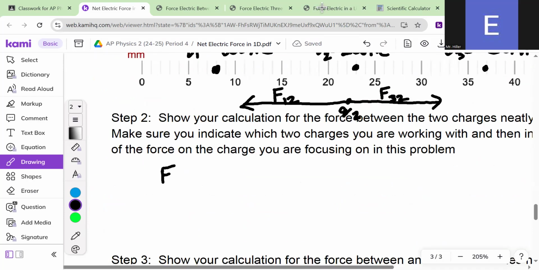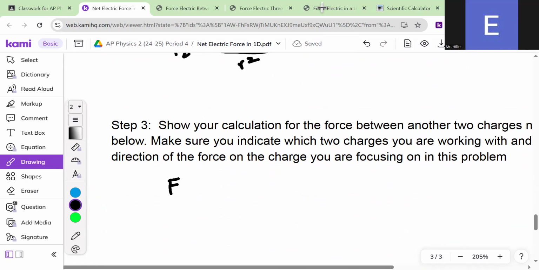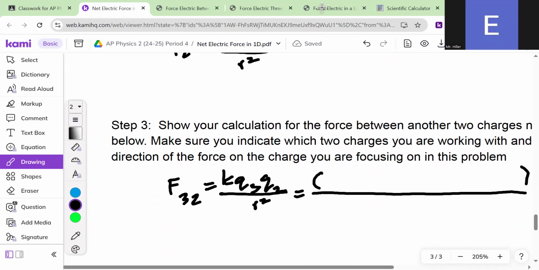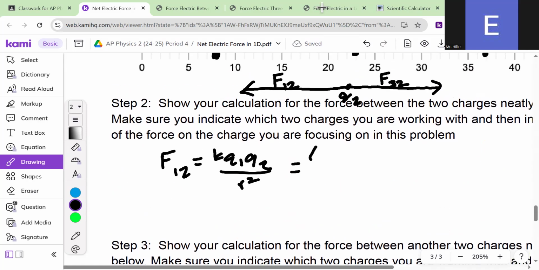We'll calculate F12, which is kQ1Q2 over r squared, and then F32, which is kQ3Q2 over r squared. Go ahead and take the time to enter into our Coulomb's law equation while I do mine.